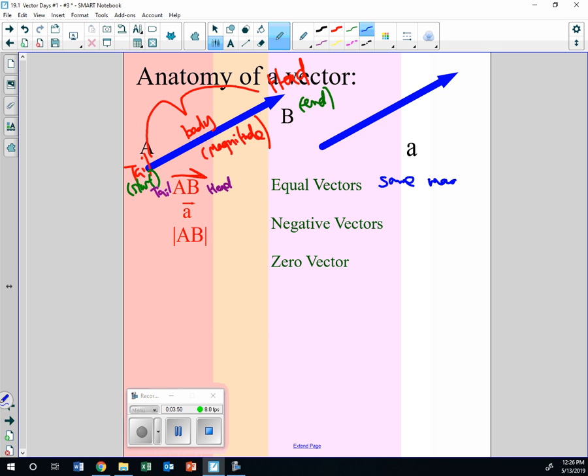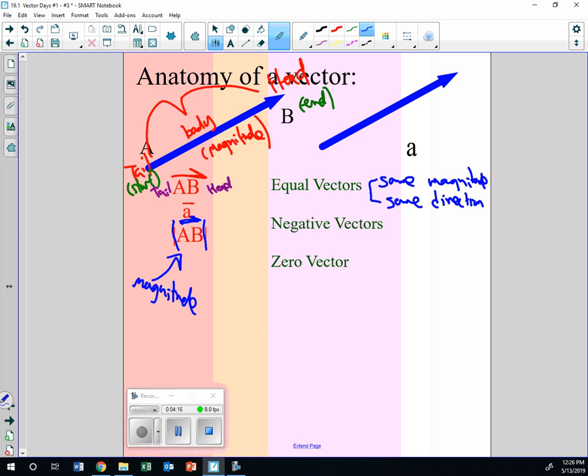Magnitude. Good. By the way, before I forget, magnitude is different than absolute value. For vectors, magnitude are the little bars that look like absolute value. Same magnitude and also the same direction. Those would be equal vectors.